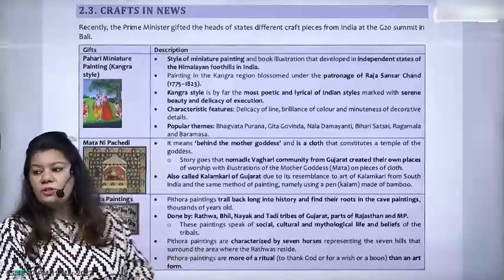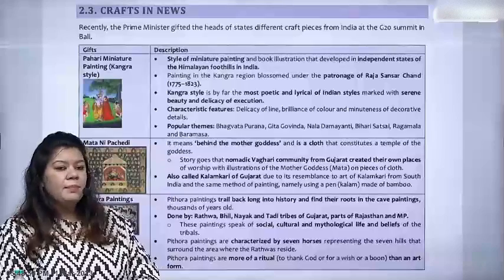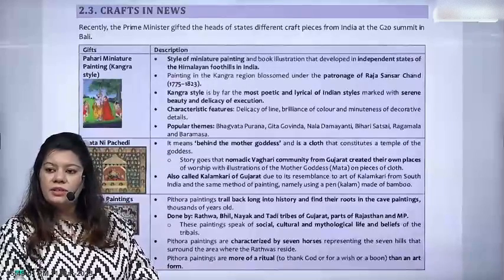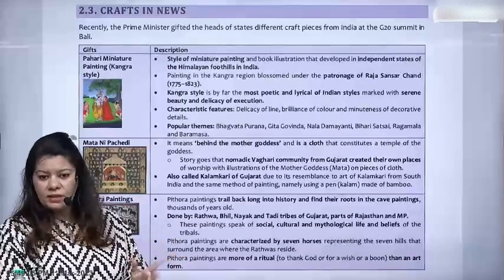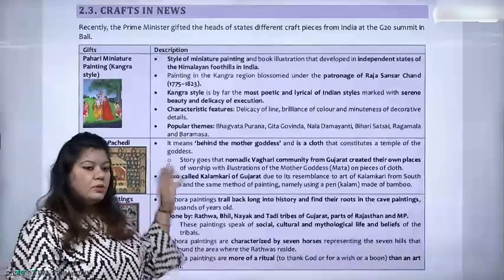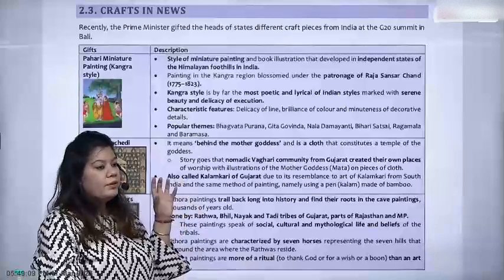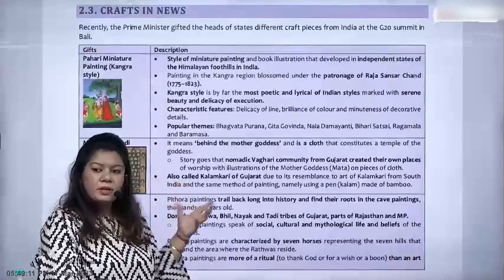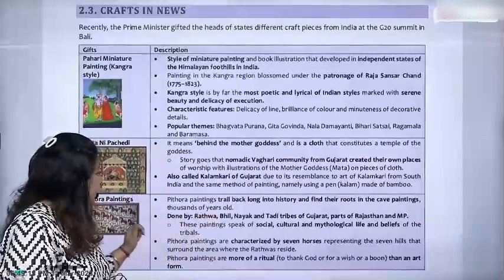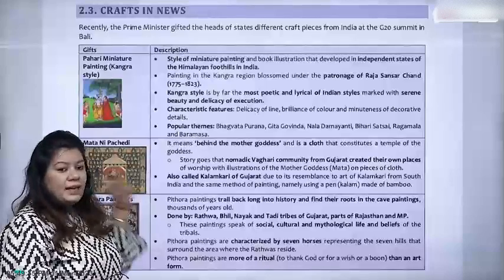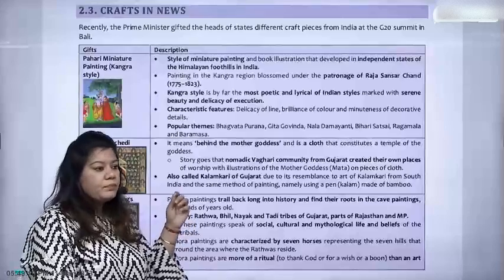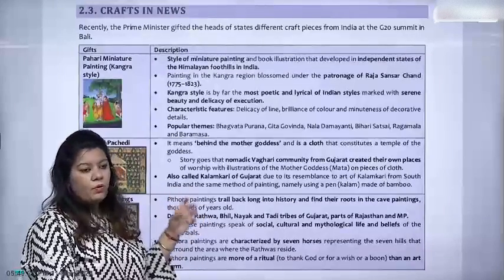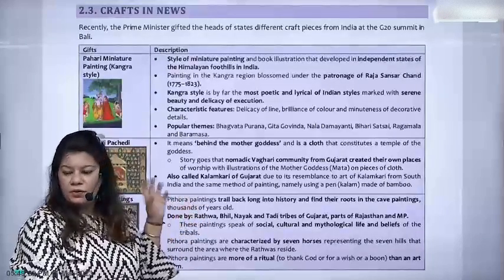There was a question in 2014 or 13 where Manganiyars, a community belonging to which state, or their profession, something was asked, right? So you get tribal or different community type questions as well. Now, this is again very significant because they have been labeled or described as the Kalamkari of Gujarat.